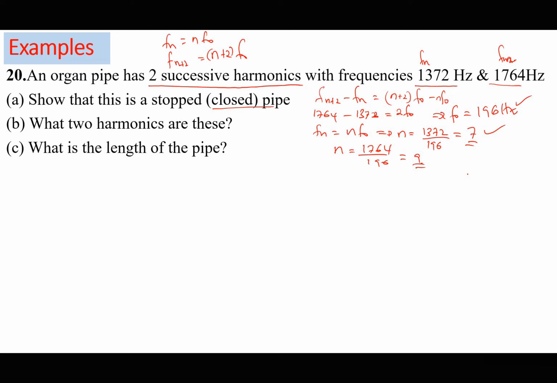So for a closed pipe, remember, for the fundamental mode of vibration, f naught is equal to v over 4L. So it means I can find L easily. So L is going to be equal to v, which, let's say v was not given here, okay, I will assume v is 340, divided by 4 times f naught, which is 196.